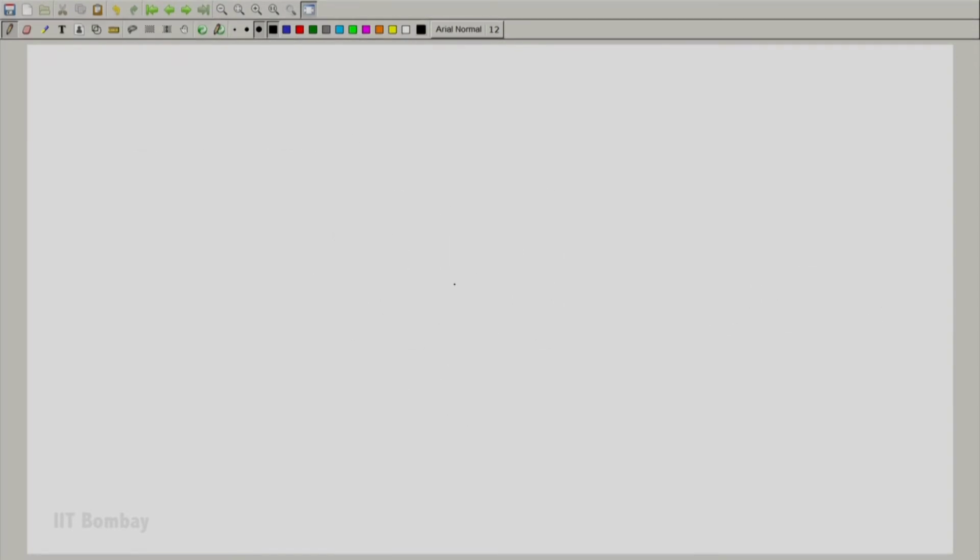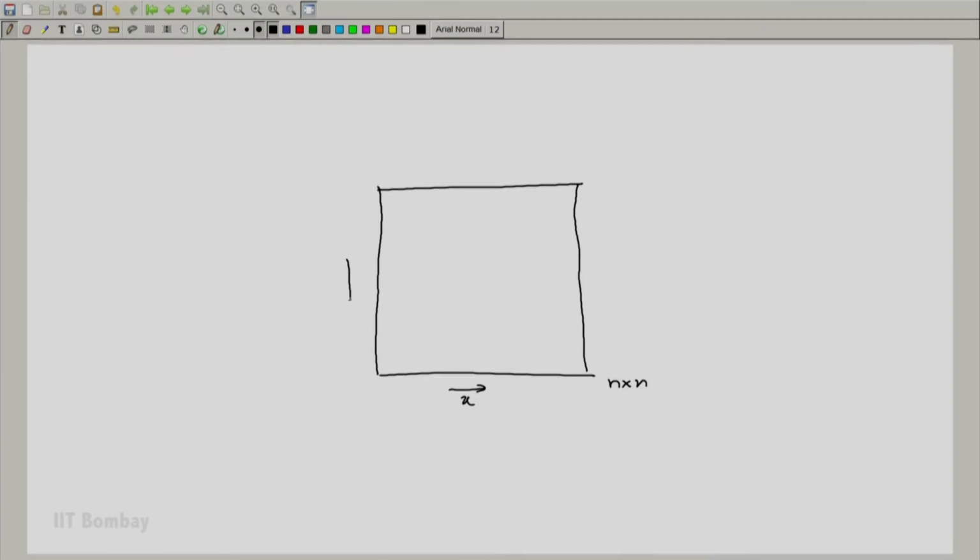Now let us look at what we mean by frequency in the y direction. So let us take another image. Again this is n cross n, and again we have the same directions, but now we take a slightly different pattern. Instead of vertical lines we have horizontal lines, and it continues.